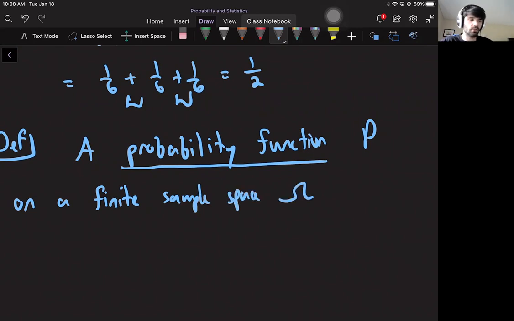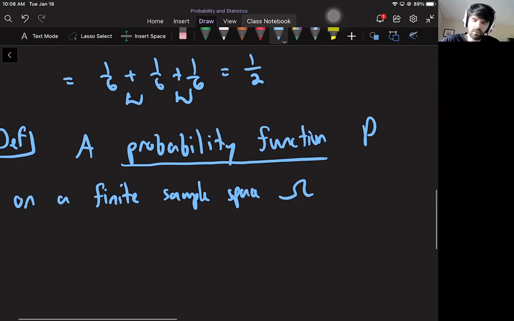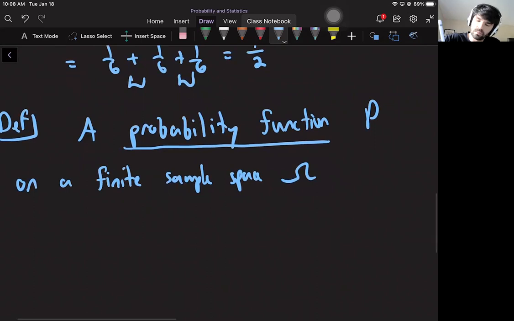So our sample spaces always have finitely many things in them. So a probability function is what? Well, it's a function, first of all, which means that it takes something in and spits something out in a very nice way.